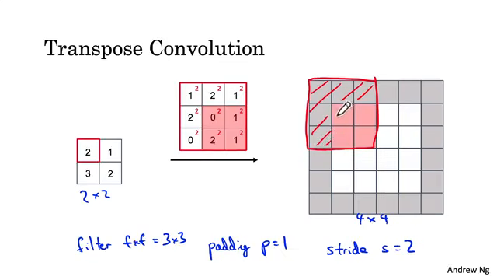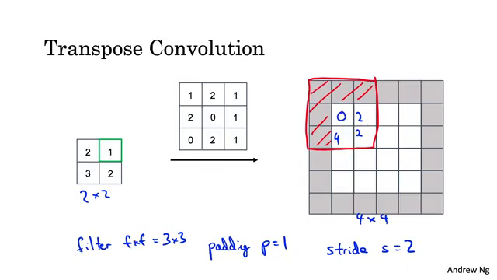And so specifically, the upper left entry is 0 times 2, so that's 0. The second entry is 1 times 2, so that is 2. Down here is 2 times 2, so that's 4. And then over here is 1 times 2, so that's equal to 2. Next, let's look at the second entry of the input, which is a 1.